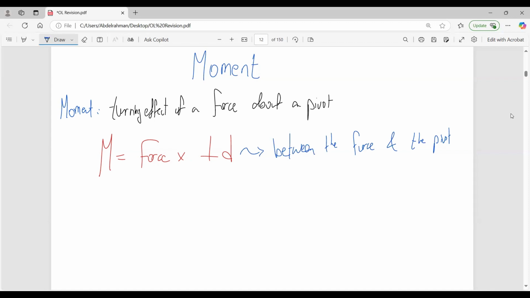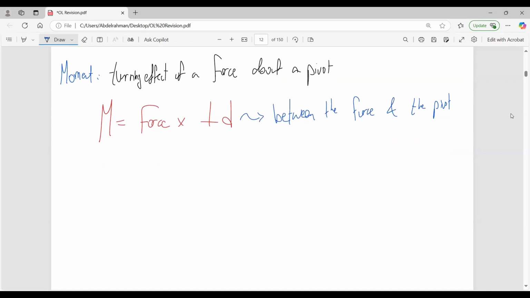So if we have an object, let's say a beam. One of the most common questions is that they give you a beam, and the pivot is at the center of this beam. If the pivot is at the center of the beam, it would be an easy question. Why?